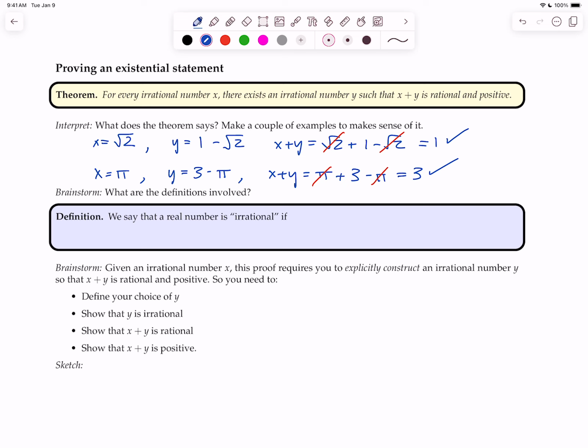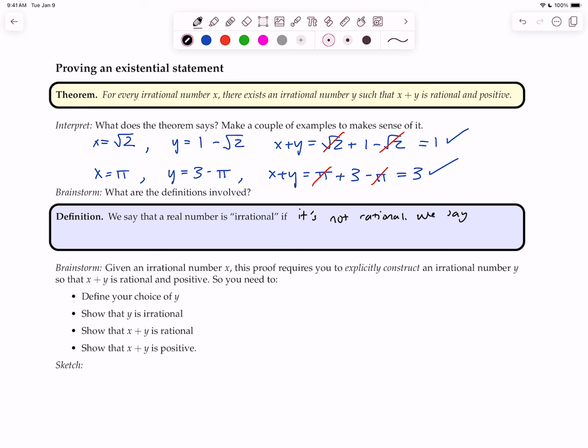Before we really dive into it, what does it mean for something to be irrational? Well, we say a real number is irrational if it's not rational. That's not terribly informative. What does it mean to be rational?